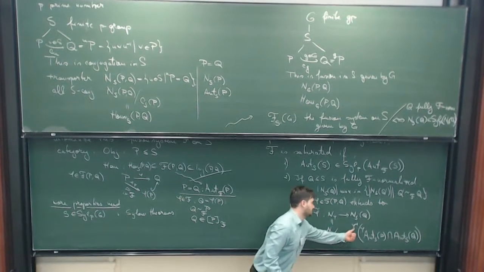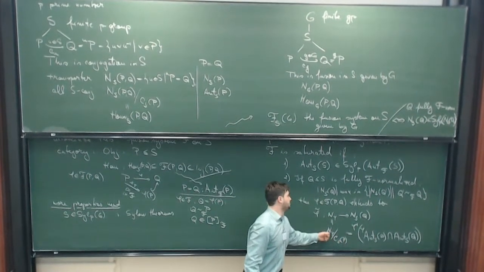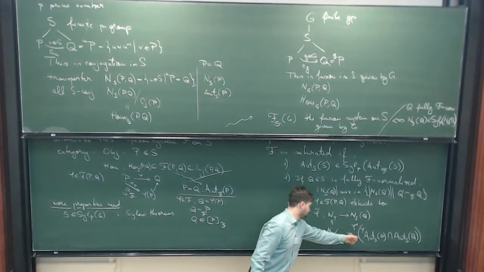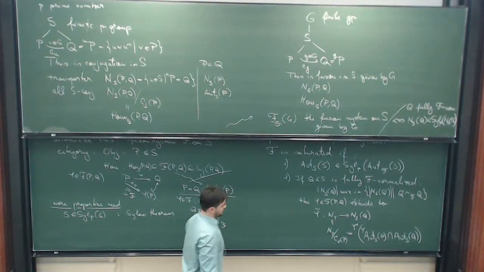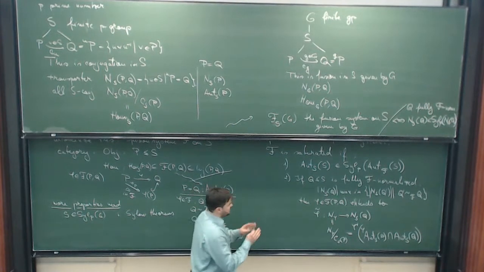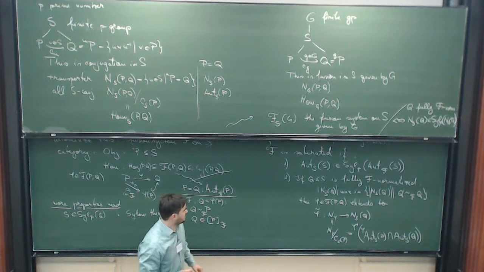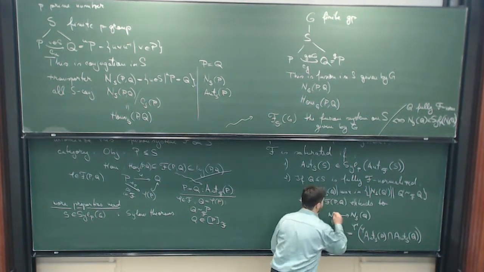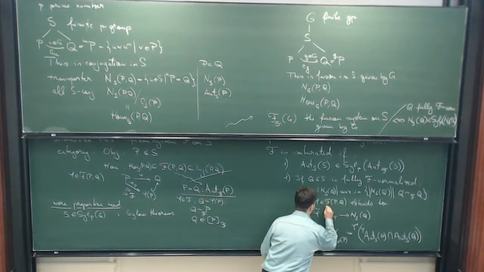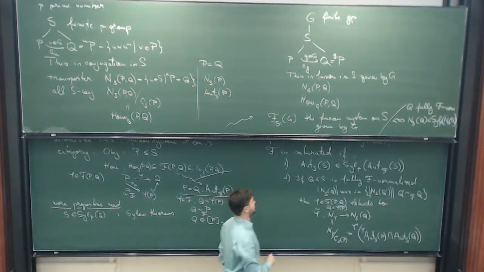So you get a group of automorphisms of P, and you take the group inside of S that is generating this one. Yes, I wanted to say here that Q is phi of P. Yes, you are completely right.